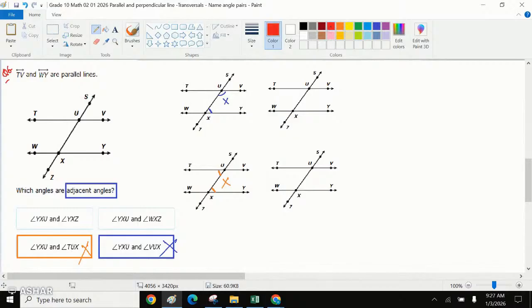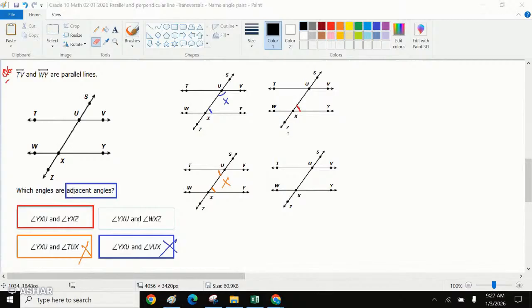For the third option we have YUX, whereas YXU and YX and Z. This was Z, right?